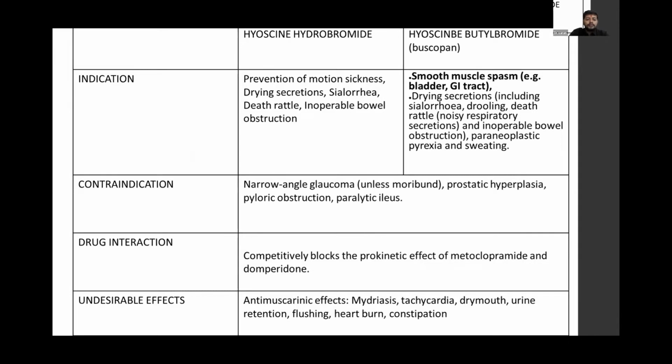Indication of the hydrobromide is for prevention of motion sickness or drying secretions, sialorrhea, death rattle, and inoperable bowel obstruction. The butyl bromide, which is also known as Buscopan, is indicated for smooth muscle spasm, drying secretions including sialorrhea, drooling, death rattle, noisy respiratory secretions, inoperable bowel obstruction, paraneoplastic pyrexia, and sweating. Contraindications are narrow angle glaucoma, prostatic hyperplasia, pyloric obstruction, and paralytic ileus.